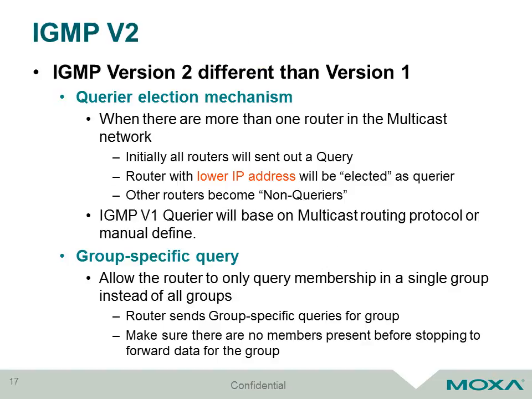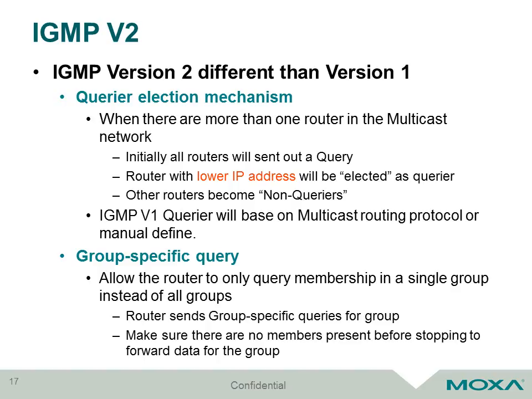Now, we are going to move to IGMP version 2. Here are the differences between IGMP version 1 and version 2. Unlike IGMP version 1, IGMP version 2 has its own query election mechanism.